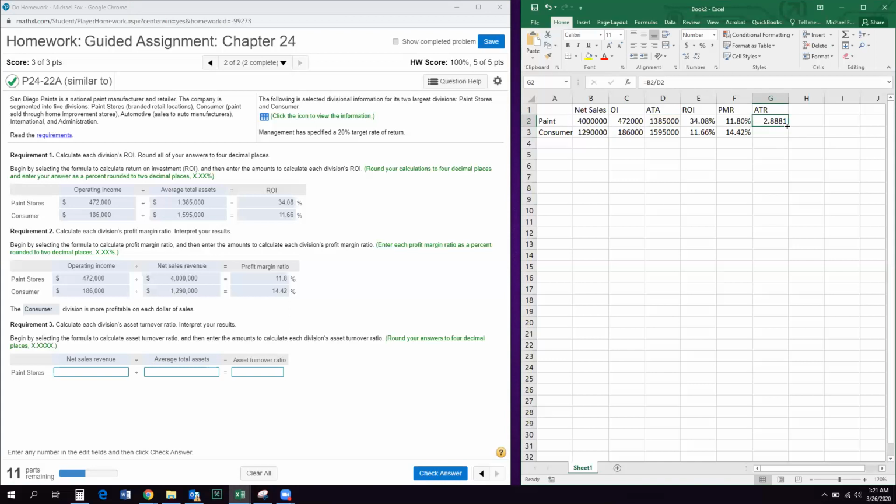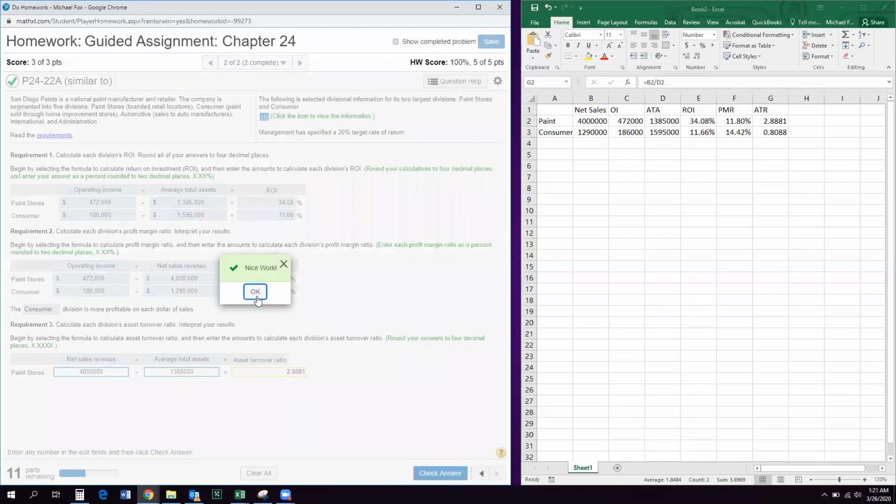And again, once I have the formula, I can just fill that down. So for the paint stores, net sales revenue is 4 million. Average total assets are 1,385,000. Asset turnover ratio 2.8881.